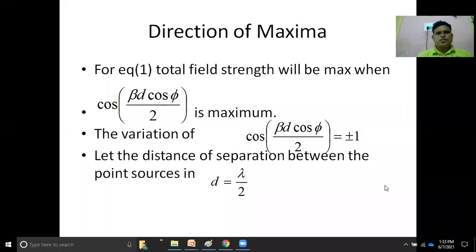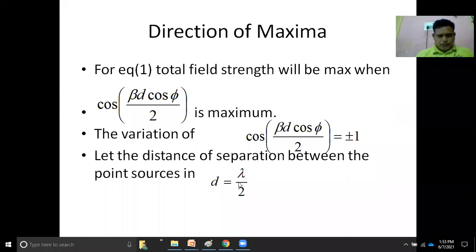Let us assume the distance between the two antennas is d is equal to lambda by 2. Now substitute in the above equation. Based on this distance, we get the maximum, main lobe and side lobes in different directions. We'll get a beautiful pattern.